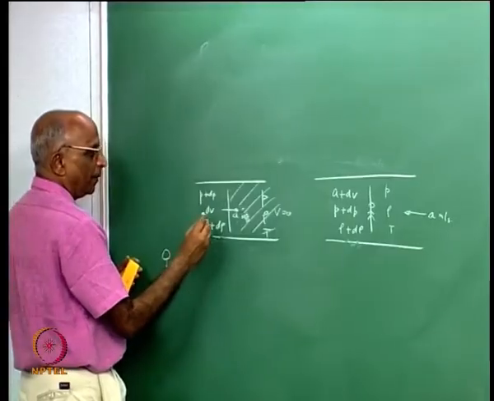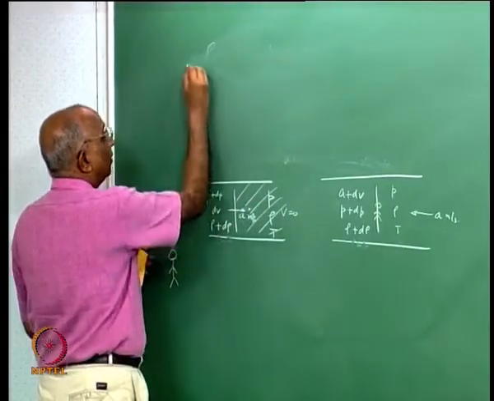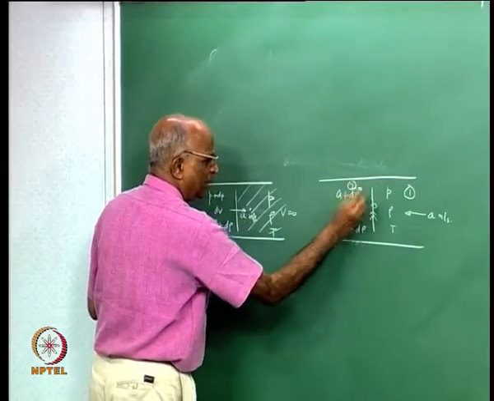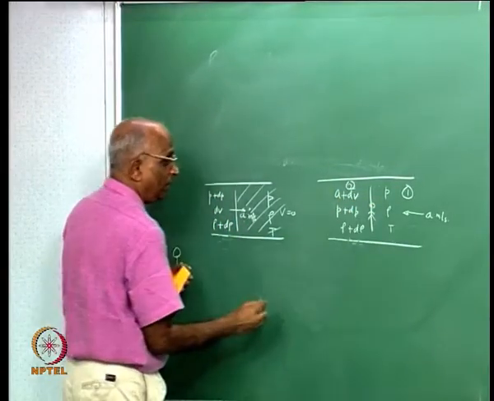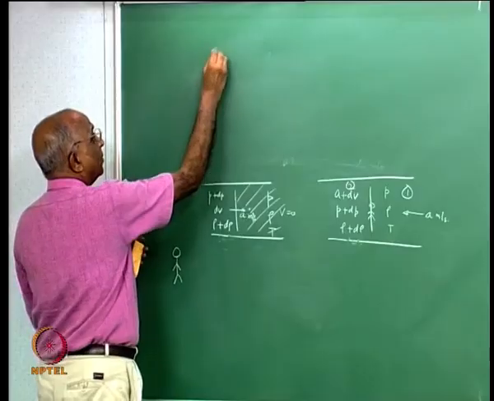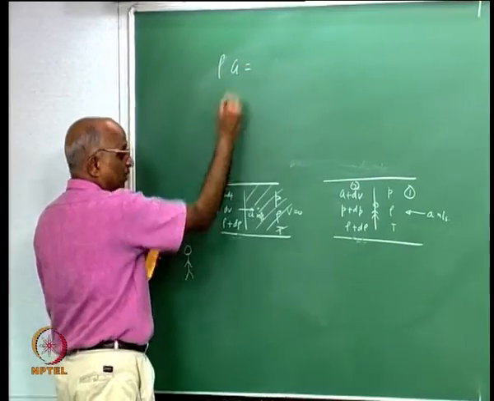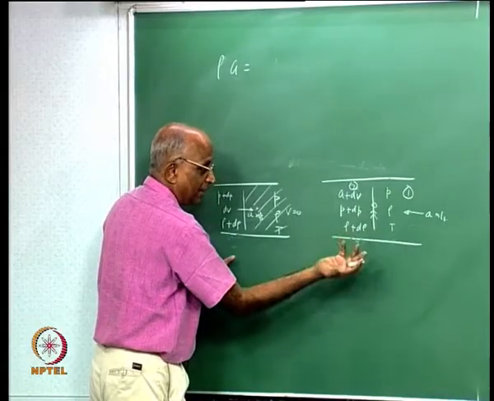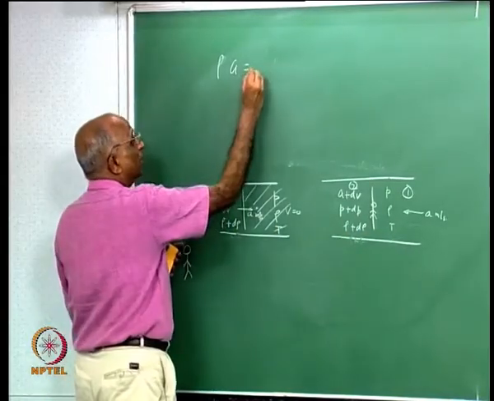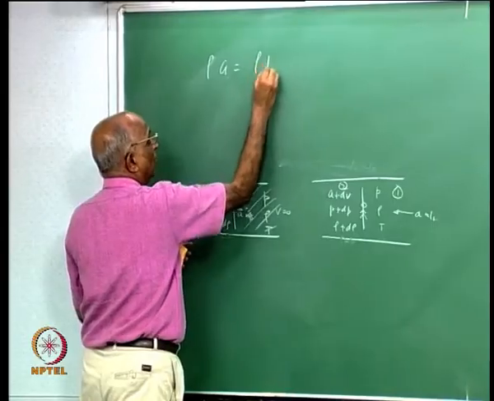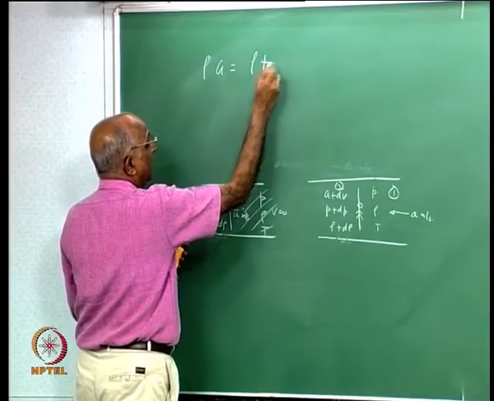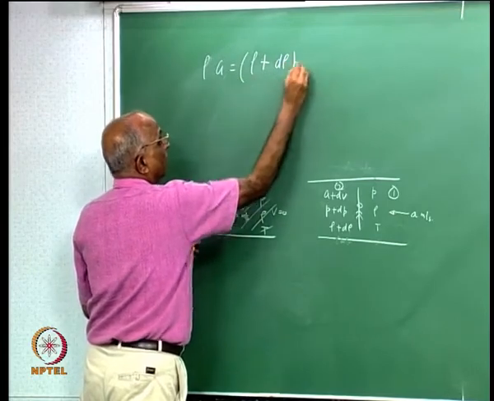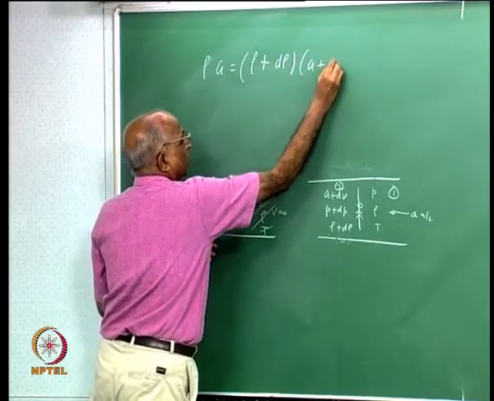I have on the right hand side the undisturbed medium, this is the disturbed medium, I stand over here and write the equation. I get rho a into cross sectional area, I take the same area because it really does not matter, and rho a is equal to rho plus d rho into a plus dV, where the area cancels.